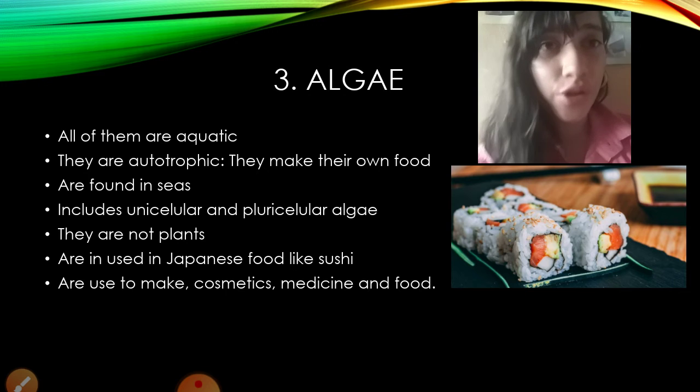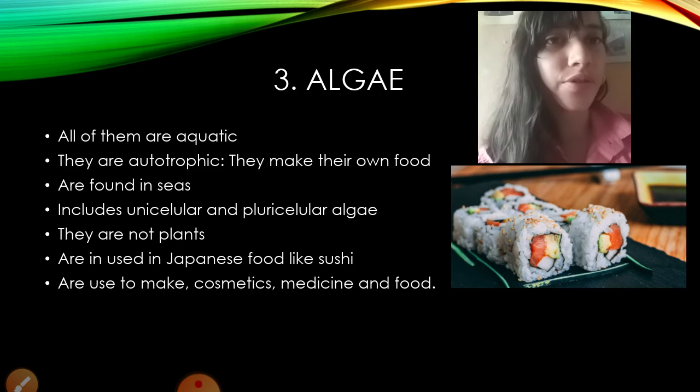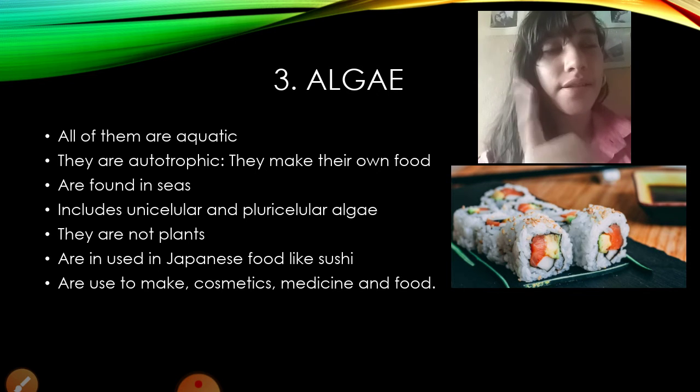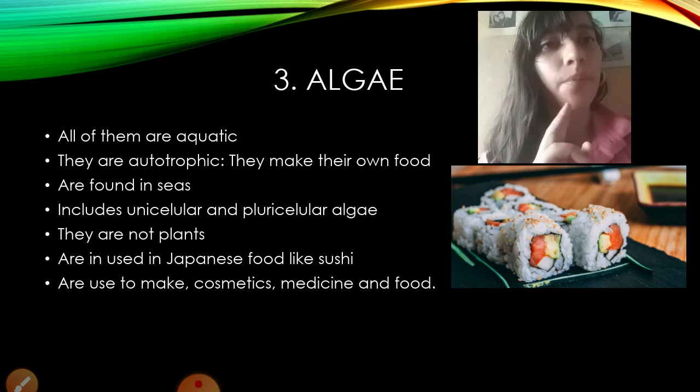They produce their own food. You can find algae in seas. It includes unicellular and pluricellular algae. That means it could be algae of only one cell or algae of many cells.